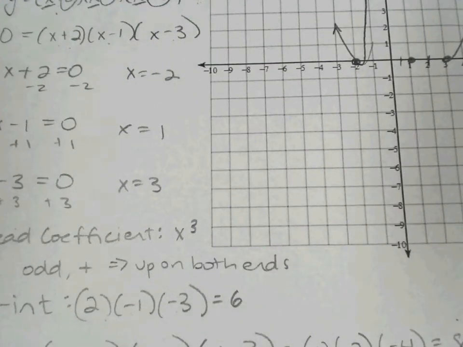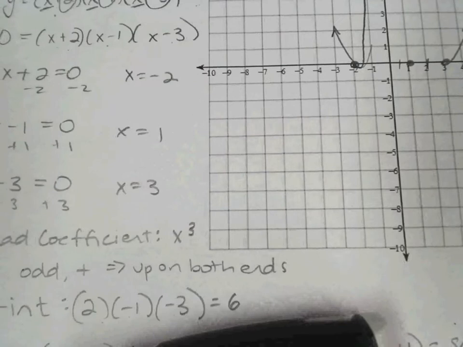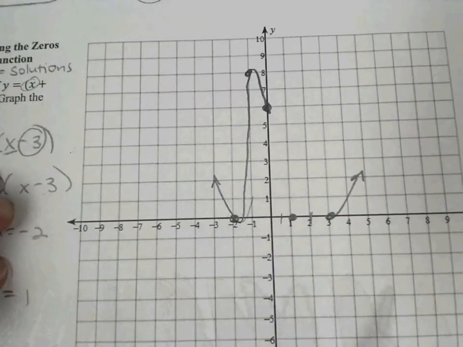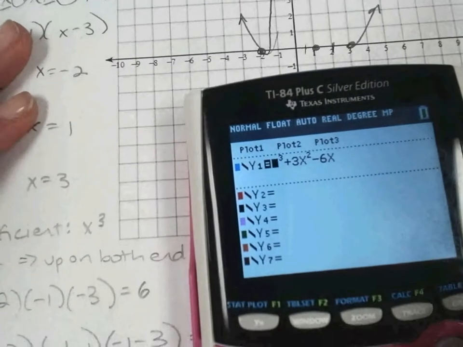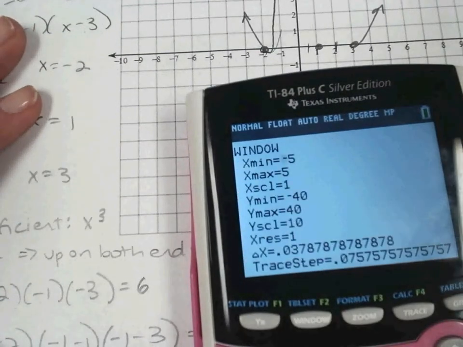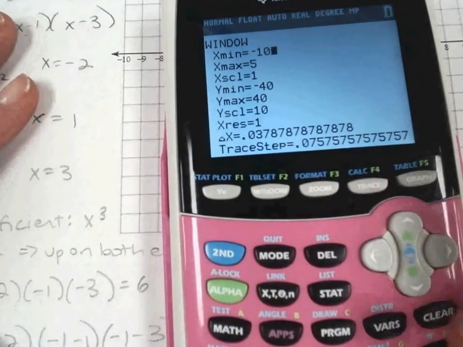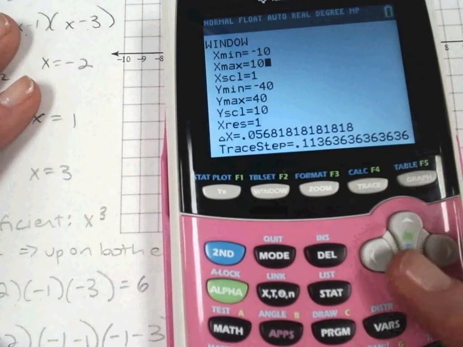Another way to do this would be to use your graphing calculator. Notice my window or my graph goes between -10 and 10. So I'm going to change this window. Again, that's the window key. This is important. Huge piece to graphing is knowing how to navigate the window.